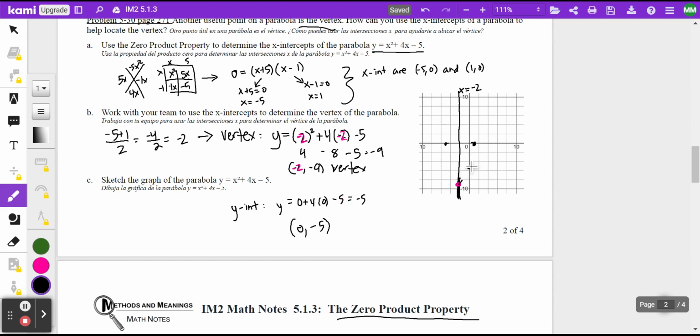Right there. Okay. There. A perfect graph with all the features labeled and everything.